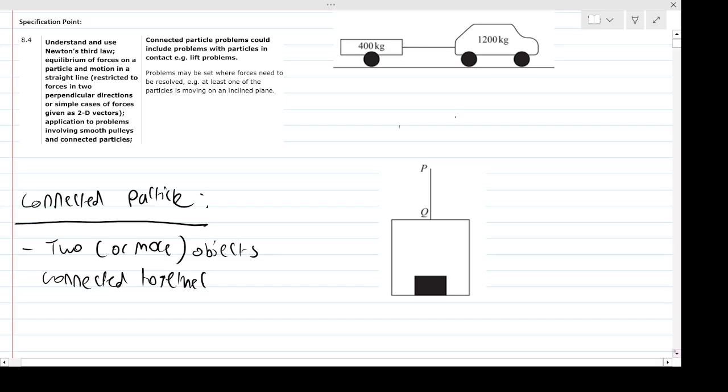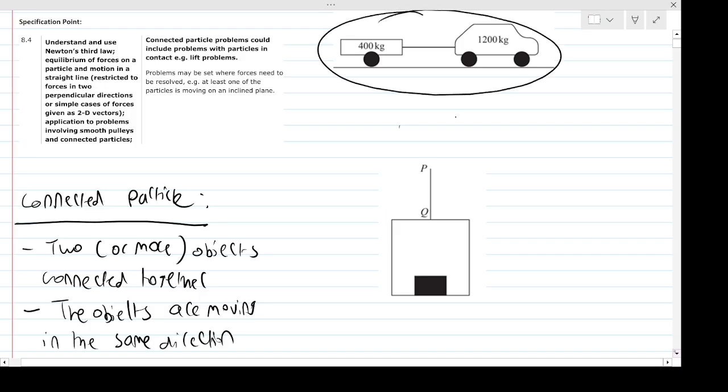Secondly, they're traveling, so the objects are moving in the same direction. Again, with the car and the weight attached to it, they're both going to move forwards. You can think of it like a car and a caravan: the caravan's being towed by the car, but they're both moving forward.